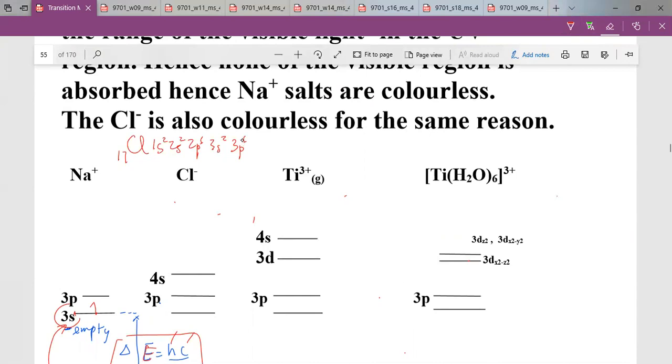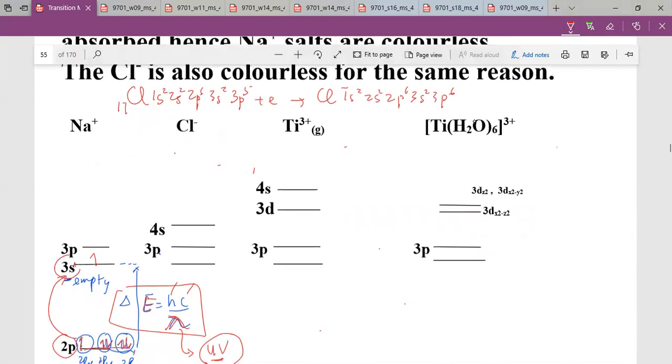Sorry about that, 3p5, 17. But when it gains an electron, it goes to Cl minus: 1s2, 2s2, 2p6, 3s2, 3p6. That is 18, so it will be 3p here, 3s here, and 4s here.